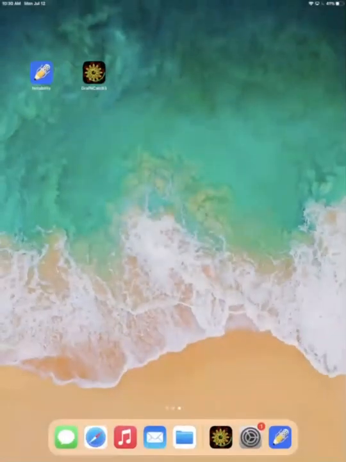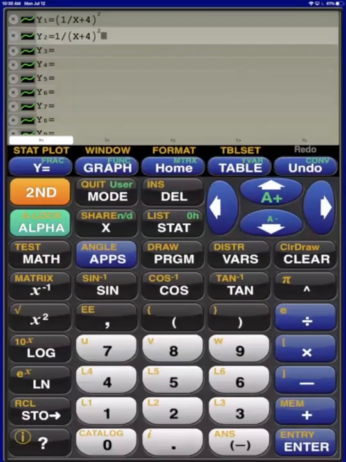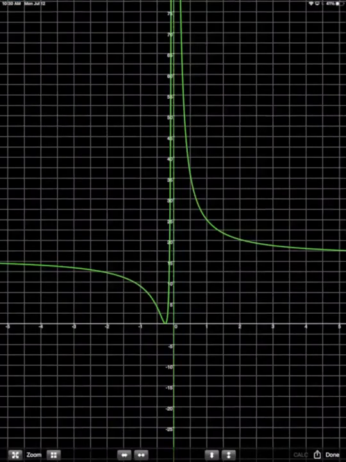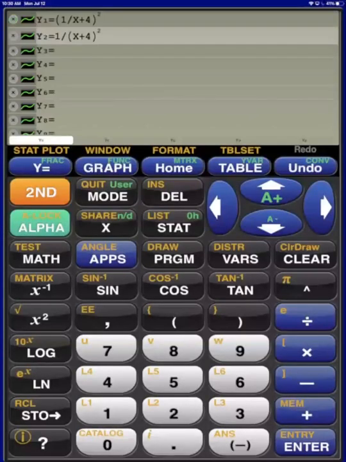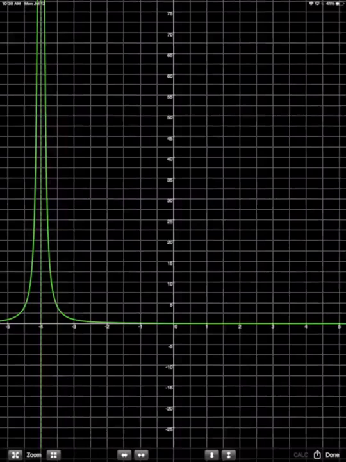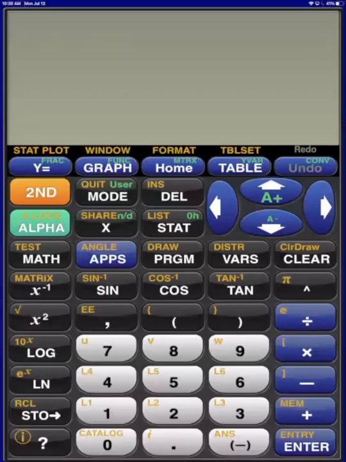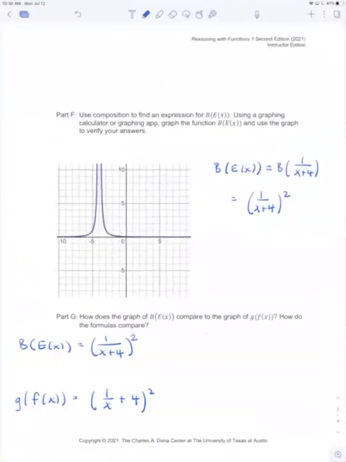I'm going to open the calculator, and I have these two functions listed here. Let's graph one of the functions. That's g of f of x, and that's what that looks like. If I turn that off and turn the other one on, this is the b of e of x graph, and that's what that looks like. So we can see there's some similarities, but they are definitely different functions.